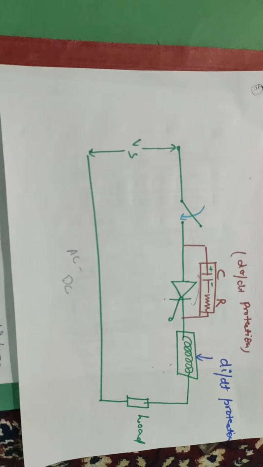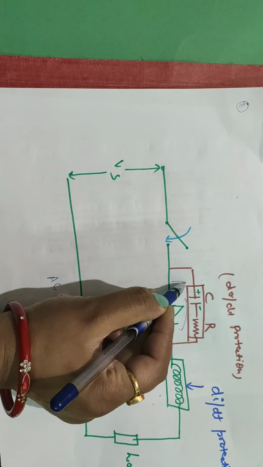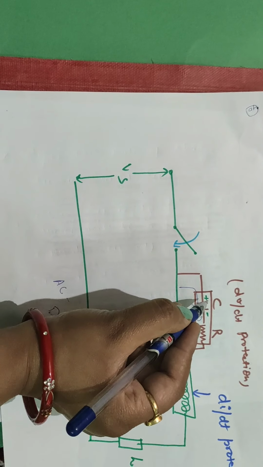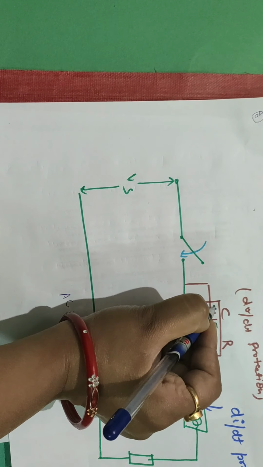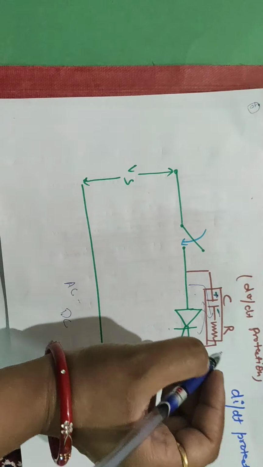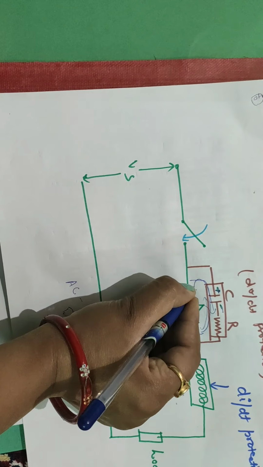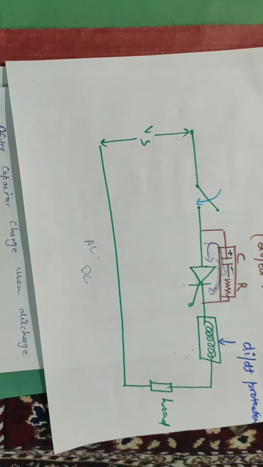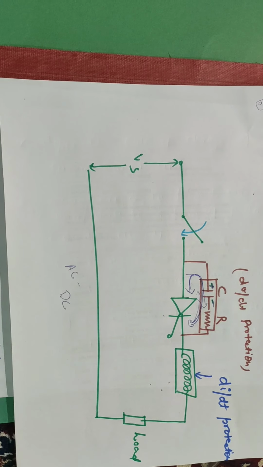So if high dv by dt is coming, it will bypass through the capacitor, and the capacitor gets charged. If the capacitor charges, its polarity will be like this. It discharges from this loop when lower dv by dt is coming.